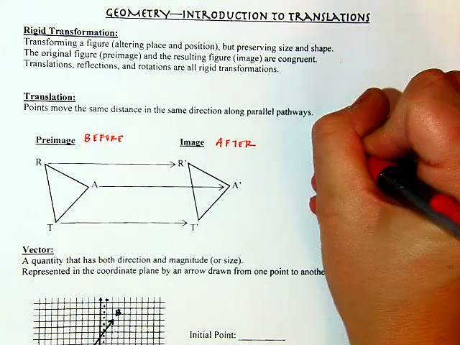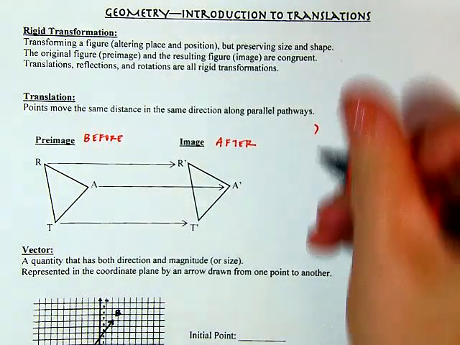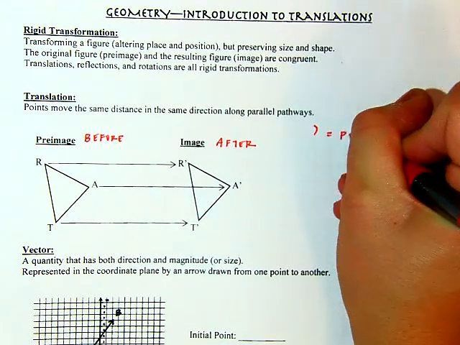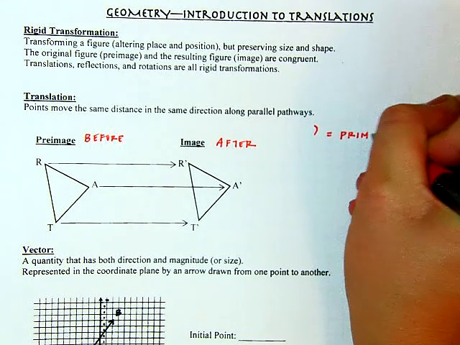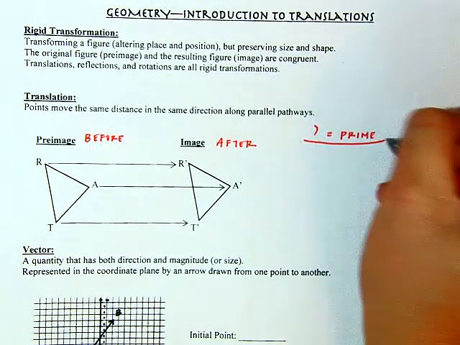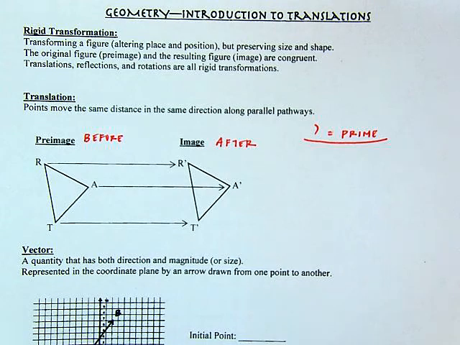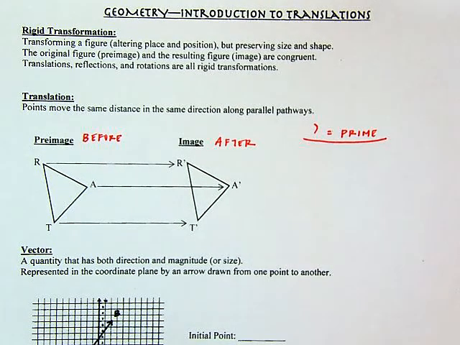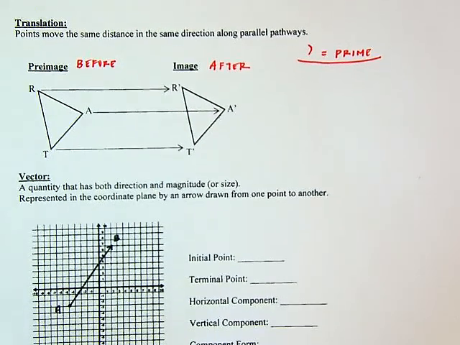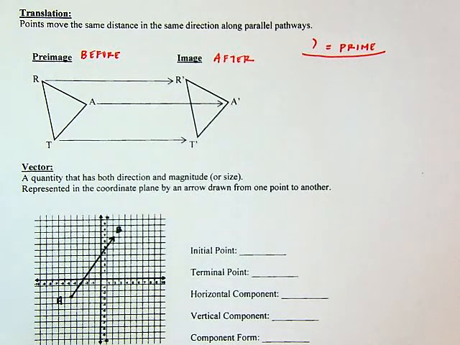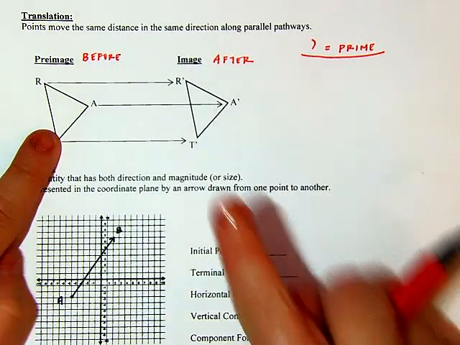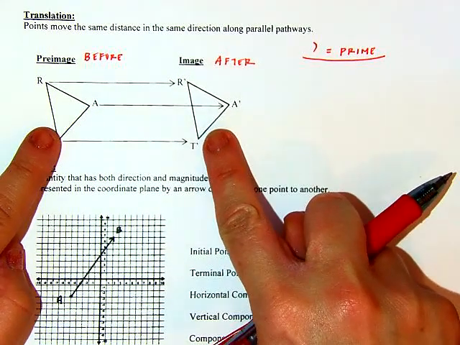So whenever I see it looks like an apostrophe, it reads as prime. So that prime notation is really meant to show us the after. What does our figure look like after a transformation has been applied? So in this particular translation, we can see how our shapes are congruent, our figures are congruent.